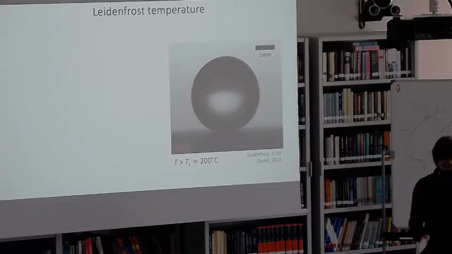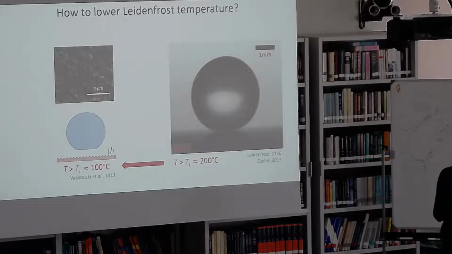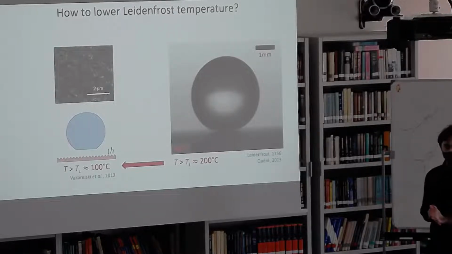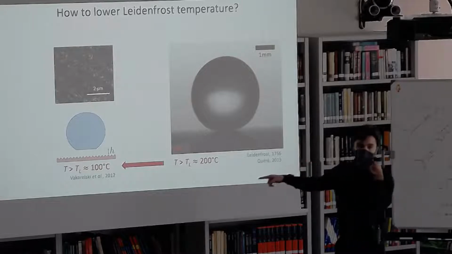And so one important question has been to reduce the Leidenfrost temperature to make it more efficient for all those kinds of applications. And the first and most noticeable attempt was done by Wakarelski and collaborators in 2012, where they used a superhydrophobic solid to reduce the critical Leidenfrost temperature down to the boiling point.